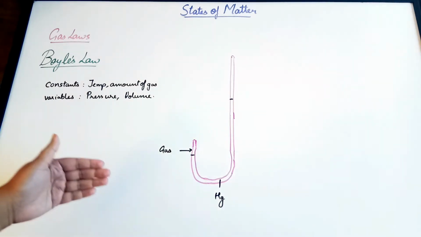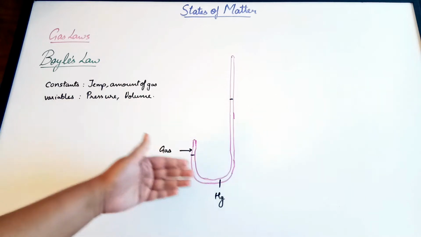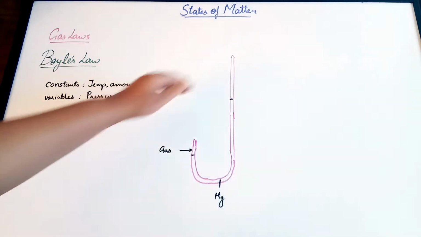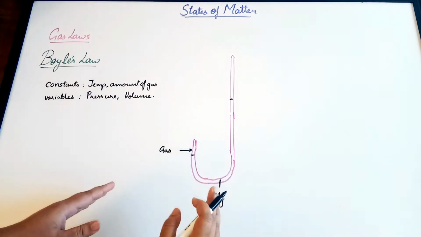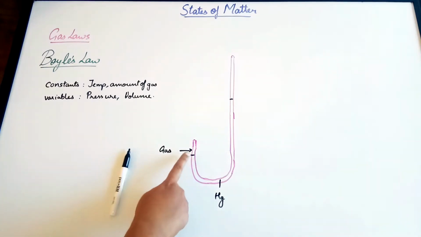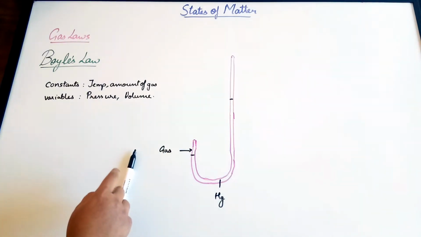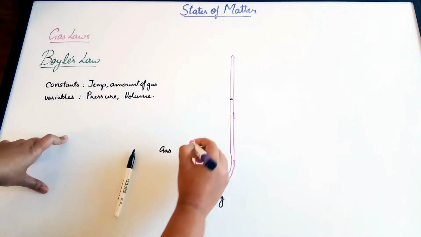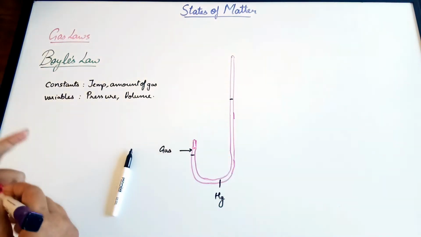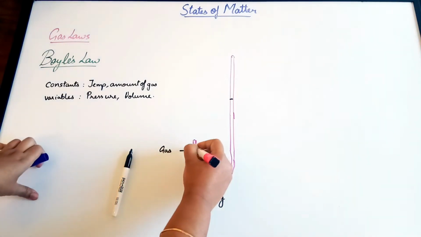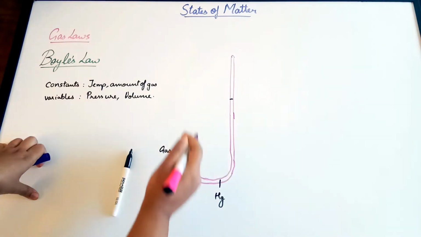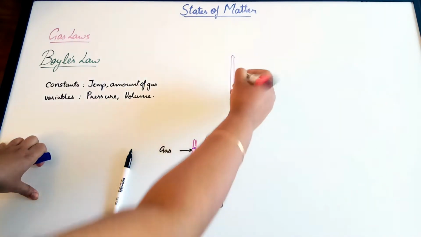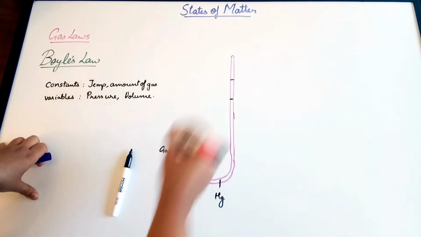What happened was he increased the pressure on the gas by adding some amount of mercury to it. First case you have it in black ink. In the second case, when he added some amount of mercury, he noticed that when there was an increase in pressure, there seemed to be a decrease in volume.